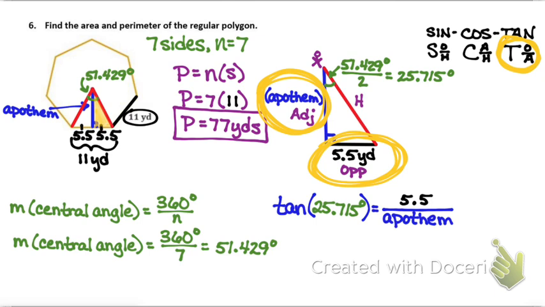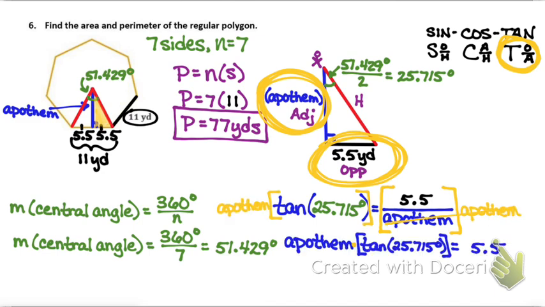So once again, we need to multiply. We always multiply by the denominator of a fraction. So we're going to multiply both sides by the apothem. When we do, it cancels out the denominator on the right-hand side, and moves that entire thing over to the left-hand side. So I've got the apothem times the tangent of 25.715.